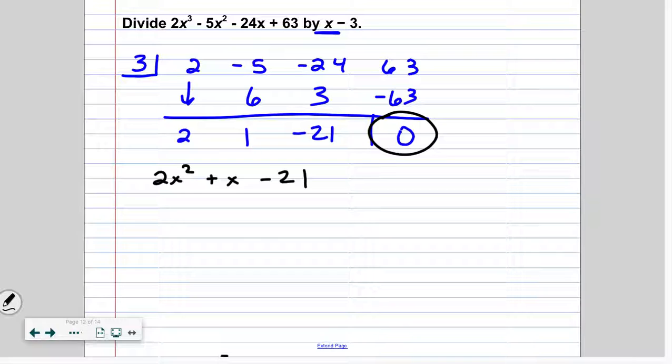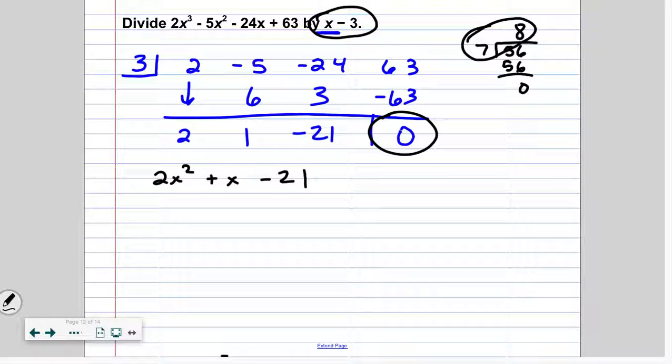Now notice with the remainder of 0, what's that mean? Well, if I took 56 and divided it by 7, I would get 8, remainder 0. What's that mean about 8 and 7? That means 8 and 7 are what we call factors of 56. Well, same idea here. If we divide by x minus 3 and get 0 as a remainder, x minus 3 is a factor.